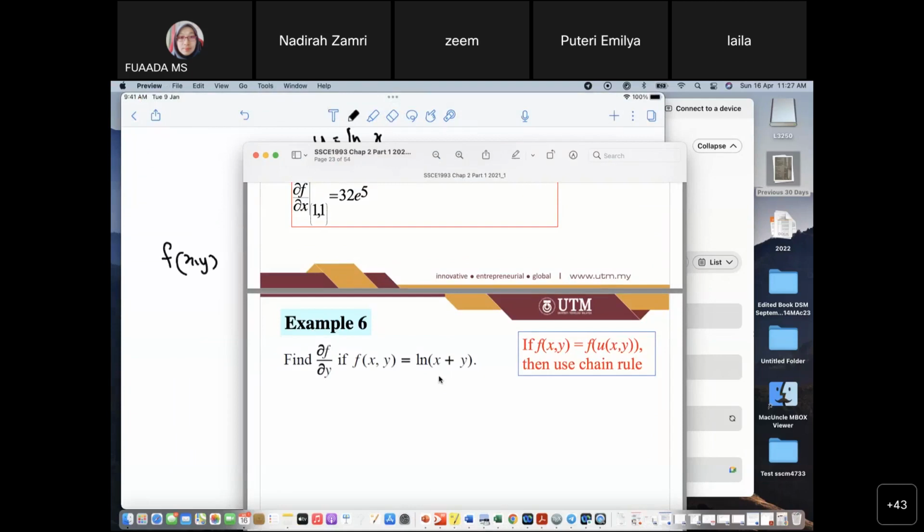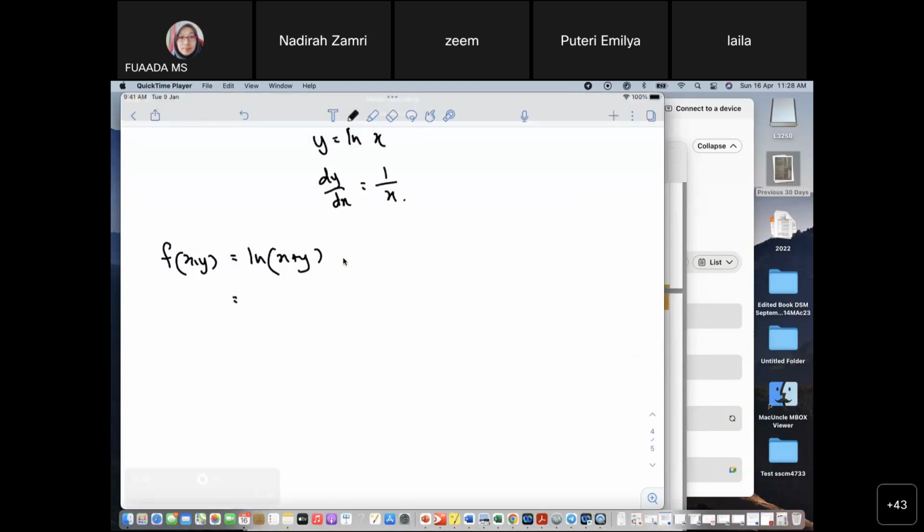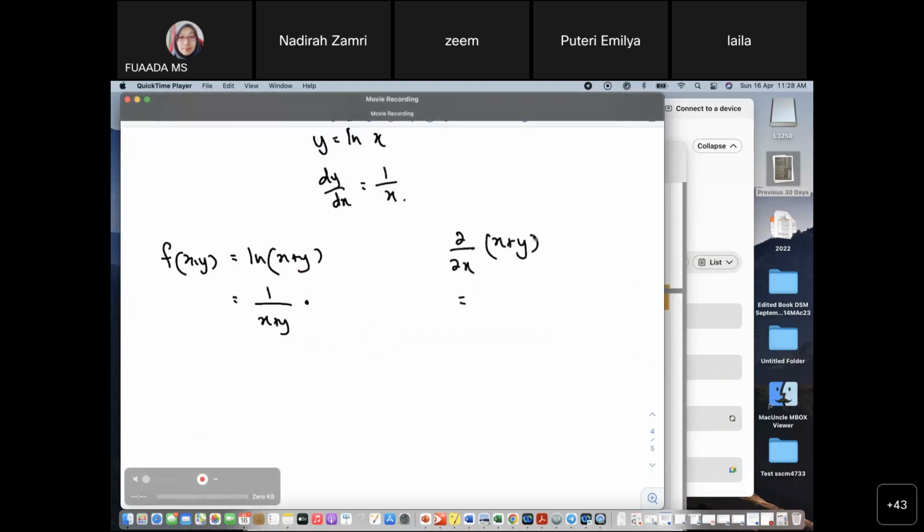Here you have ln of x plus y. We differentiate the outer function, ignoring whatever is in the bracket, so we have 1 over x plus y. And multiply by the derivative of the second layer, the derivative of x plus y with respect to x. Remember when you differentiate with respect to x, y is constant.